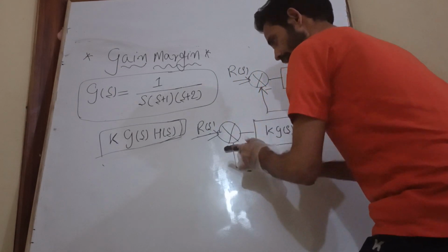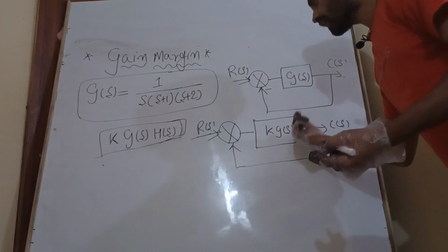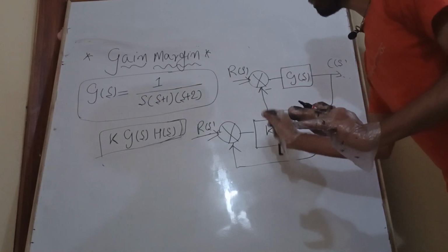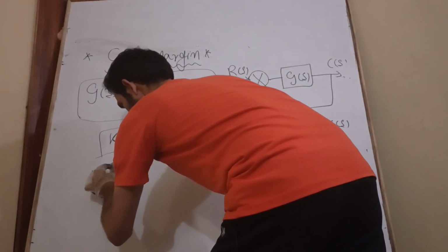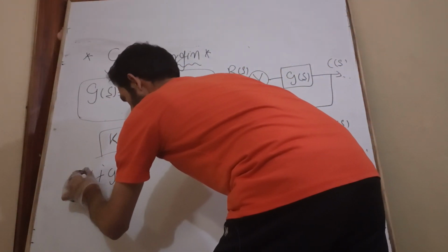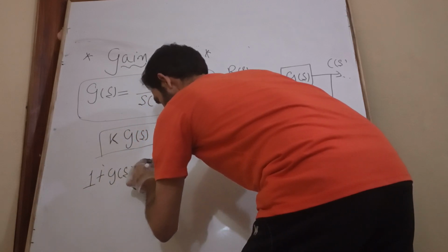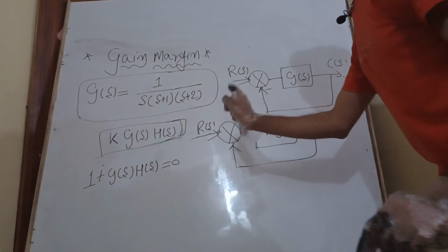Now I am writing the characteristic equation. As we know very well, the deciding factor for the stability of the system is the roots of the characteristic equation. So this is my characteristic equation, 1 plus G(s)H(s) is equal to 0.